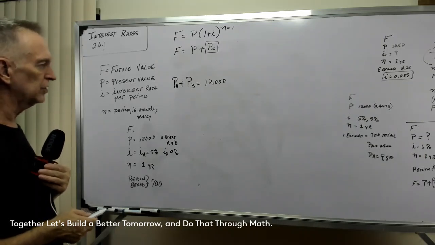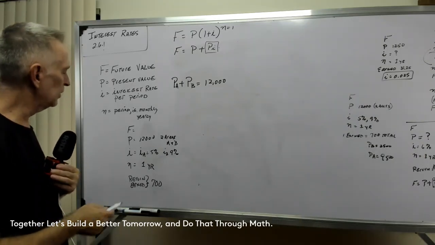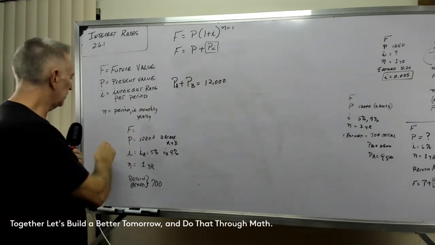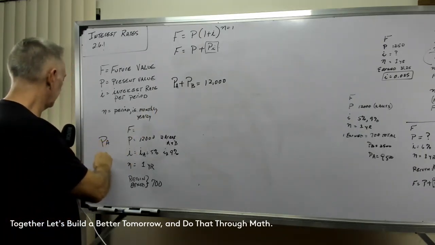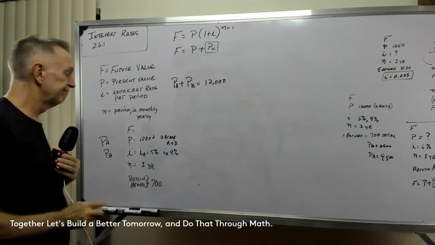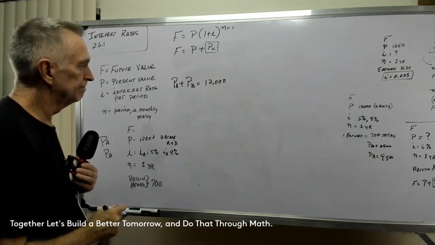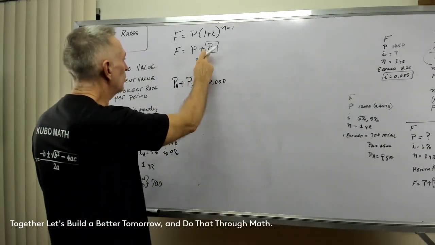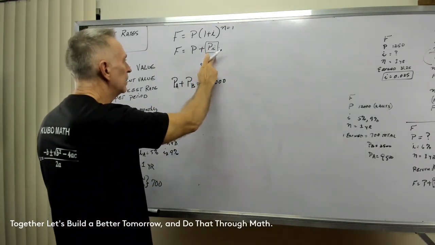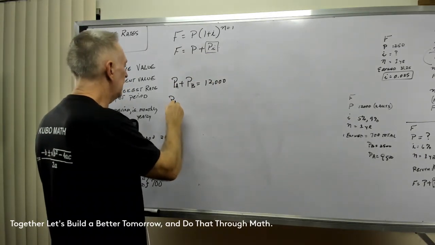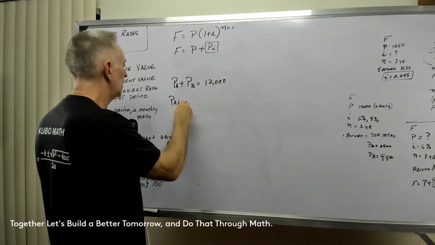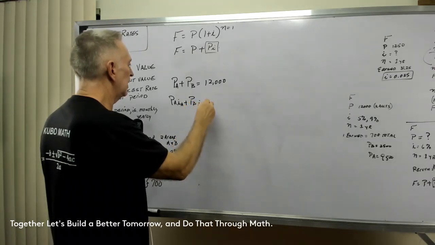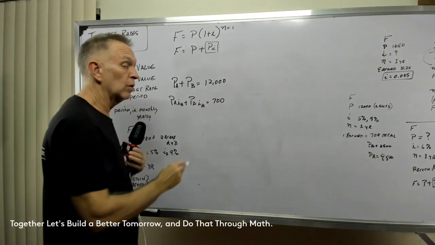So what they want to know is how much money he invested. They want to know P sub A and P sub B. Okay, we do know, remember we had this form, the earned money. We have P sub A times I sub A plus P sub B times I sub B, and that equals 700. We also know that.